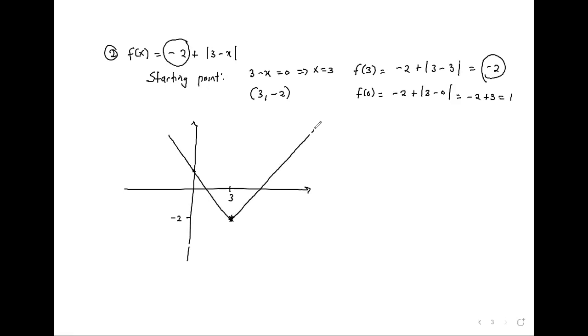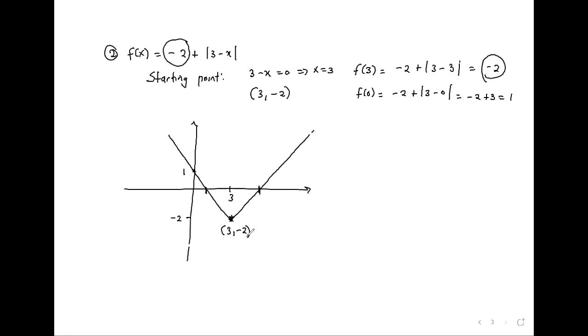Even if I don't substitute the number on the right, we know this number is 1. We need to know this one and this one. So we have 3, comma -2. Then we pick now.